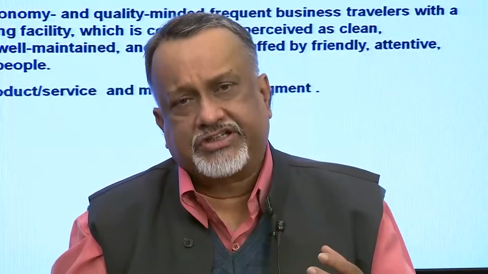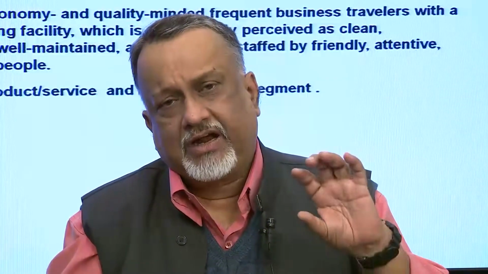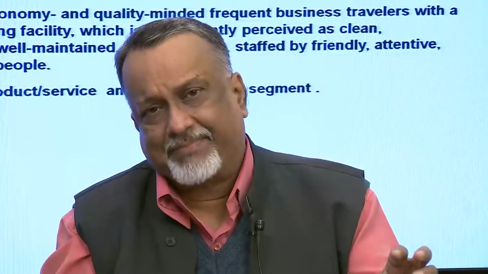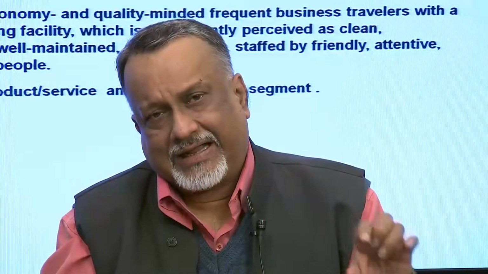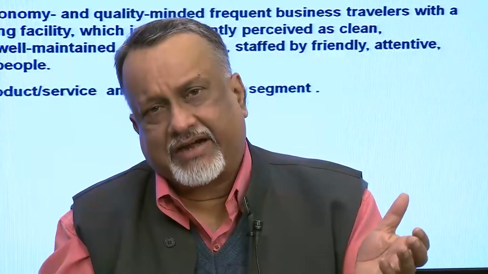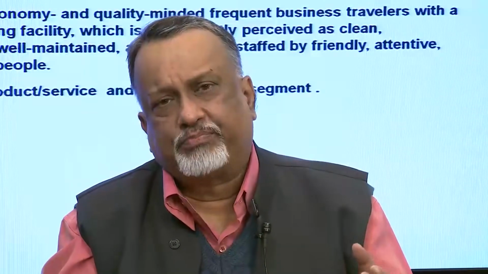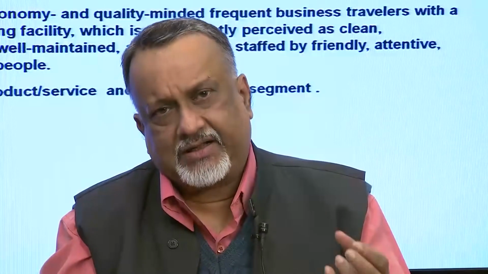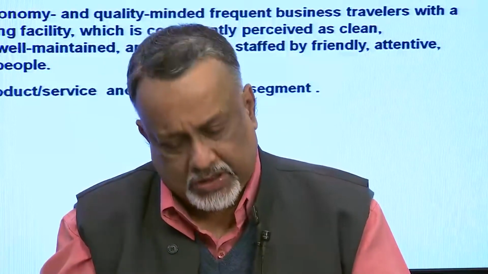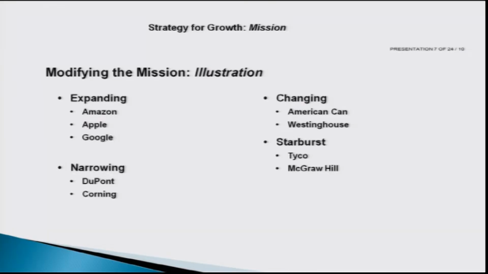So, as you see, this mission statement therefore embodies a sort of market segmentation, the targeting strategy for that market segment, and therefore a certain kind of positioning that the business wants to cultivate. So, mission statements can further include aspects like expansion, change, dynamics.